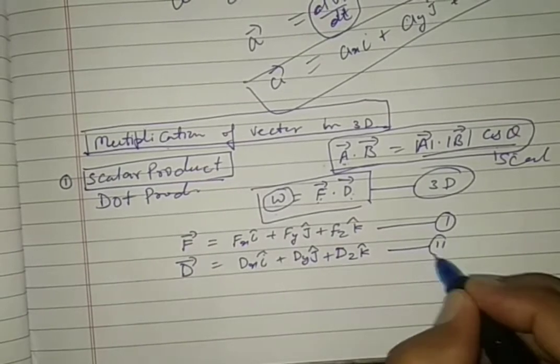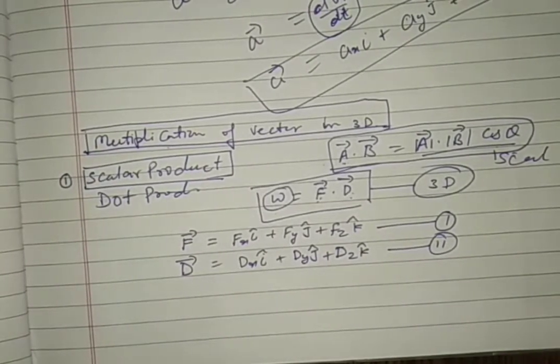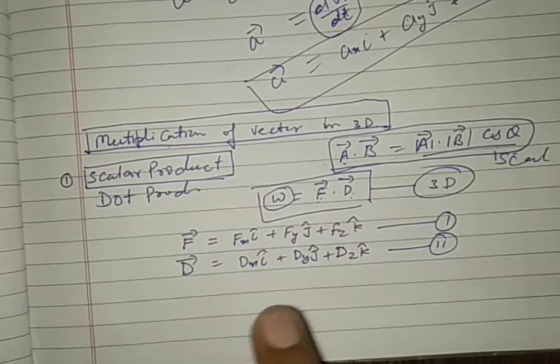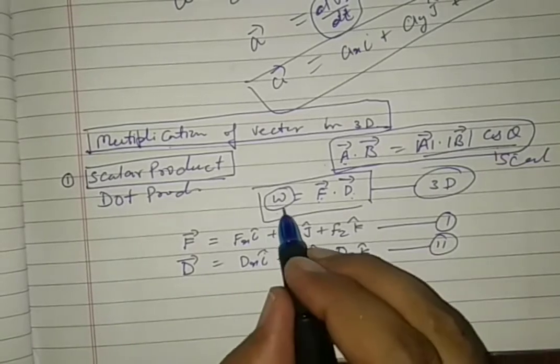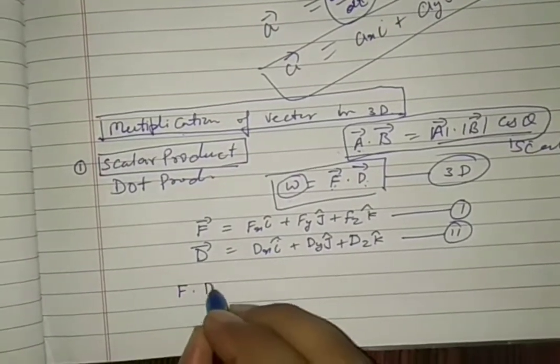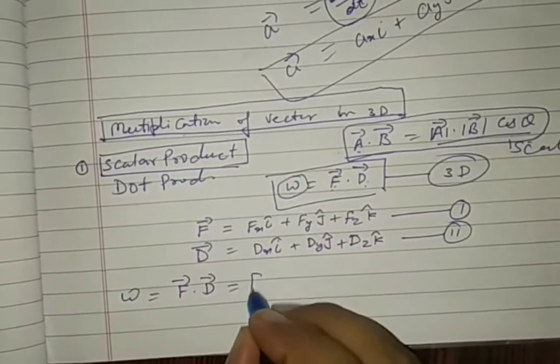By this example, we will see two terms. Please do not get confused. We will see the dot product of unit vectors i, j, k also, and the dot product between two vector quantities in 3 dimensions.